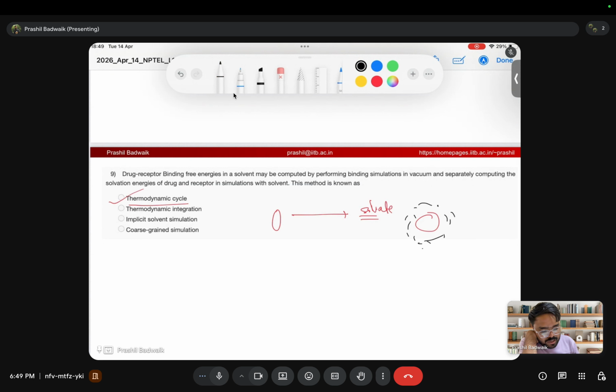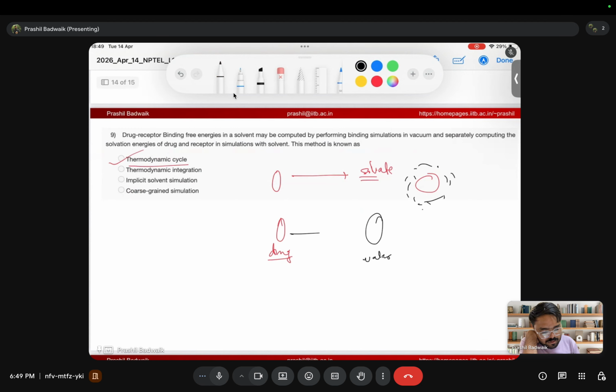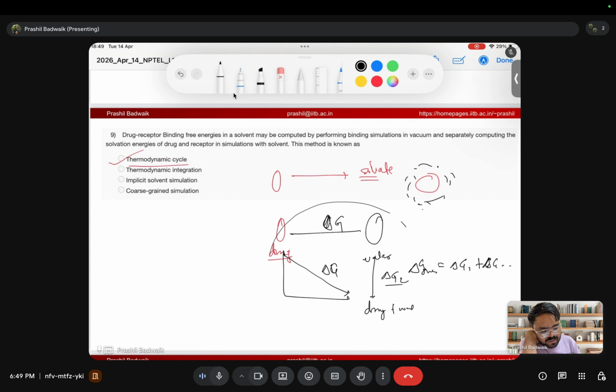So I have drug, the red one, then I have water, then there is drug plus water, and this is also a loop. So we will know what is the delta G for each step, and then we just sum it. Delta G overall is equal to delta G1 plus delta G2 and so on, right? So multiple steps are involved and that forms a thermodynamic cycle.